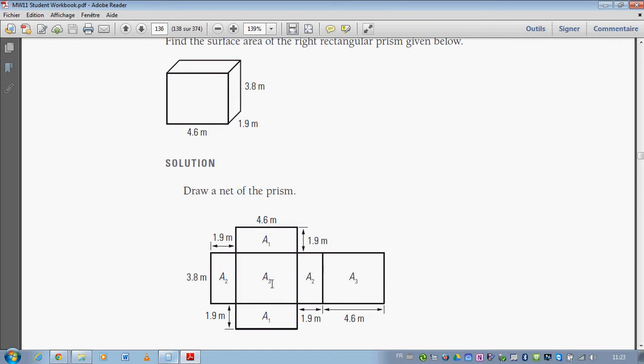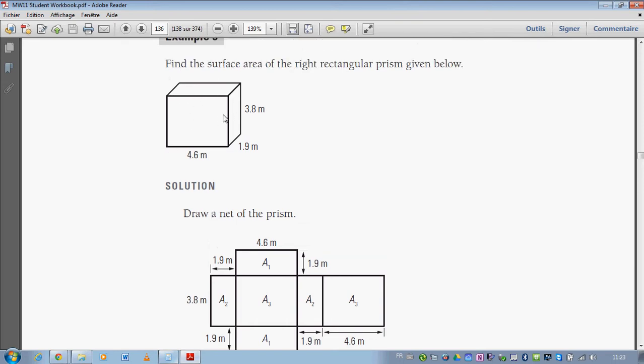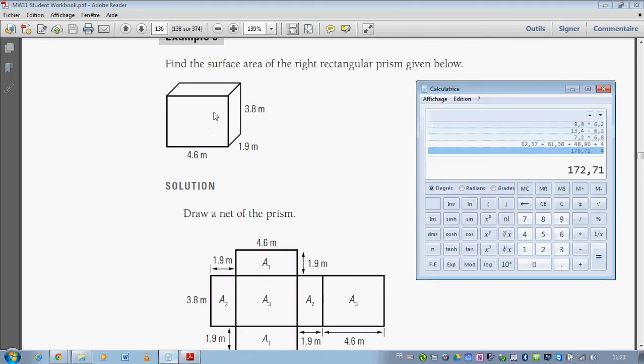If you don't want to draw out a net, you don't have to, as long as you've got a good visual 3D perception, as long as you can take this image and move it around in your brain and look at its sides, then you should be fine. But if you're not really good at working with 3D objects, then maybe drawing the net would be the first step for you.